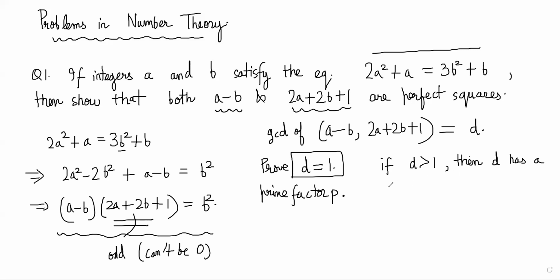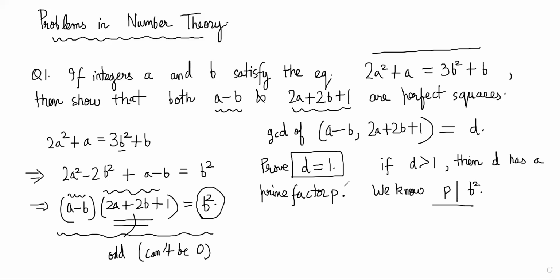We know p divides b square. Why? Because d is the GCD of the left-hand side terms. So d definitely divides this and d divides this. And if you have a prime factor of d, which is p, then p also must divide this, right?